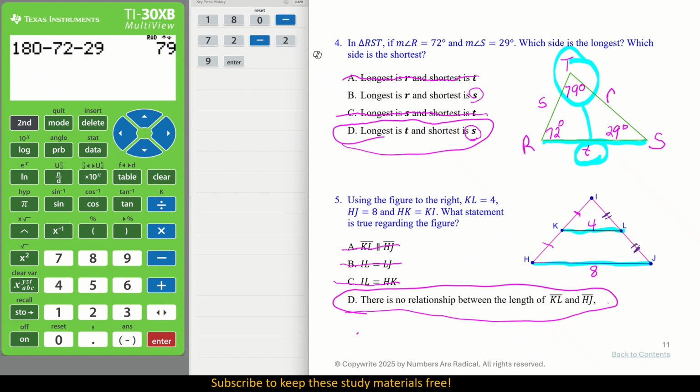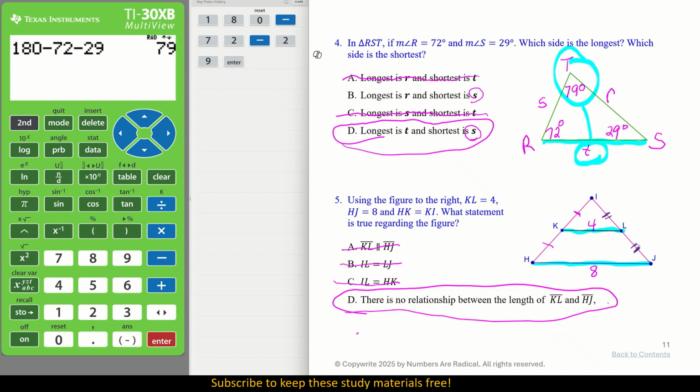Although it looks like there is, they've given us information. The problem is they didn't give us enough information. And that's what you'll have to pay attention to in any test you take. That is a very obvious thing to ask to see if you thoroughly understand the properties, axioms, and you understand what makes something parallel.